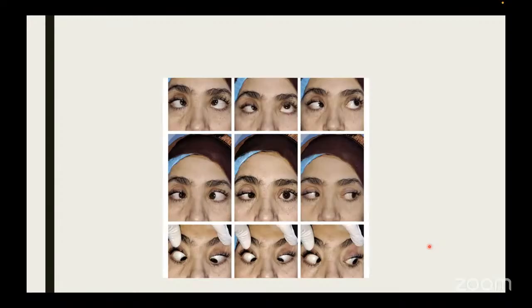So what's the diagnosis? So it's an esotropia, in which eye? Right eye esotropia, and it's not equal in all gazes. Okay, so what do you think the diagnosis is?